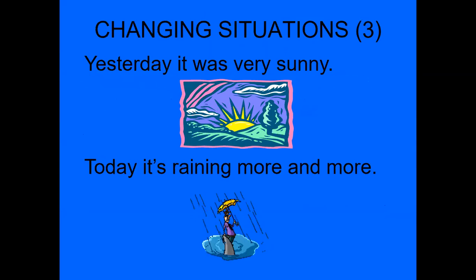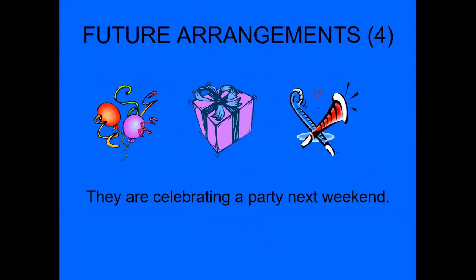And we have the examples of some changing situations: yesterday it was very sunny, today it's raining more and more. And the other one for future arrangements: they are celebrating a party next weekend. Because you have the phrase next weekend, you indicate that it is coming soon, okay?